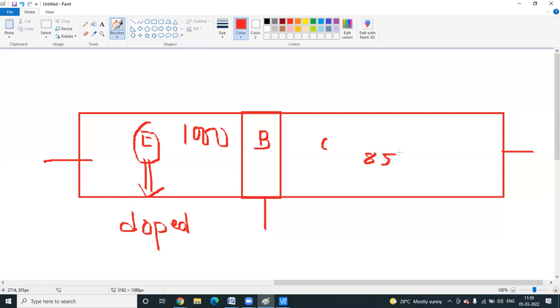The base is lightly doped, so it will be like 100 or 50 holes or electrons. I'll come to that point. If it is NPN, these will be electrons and this will be holes.